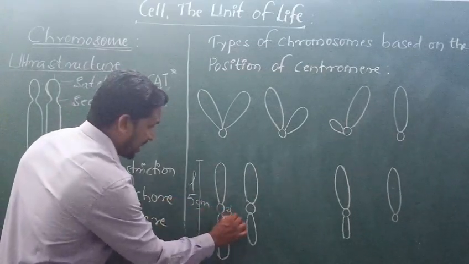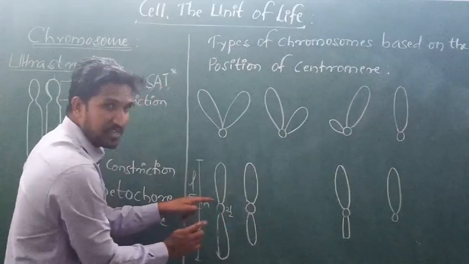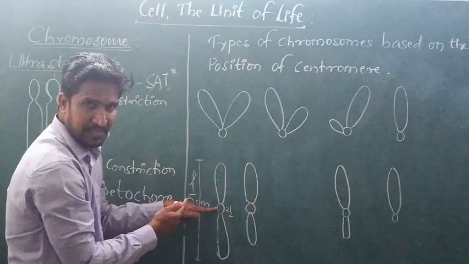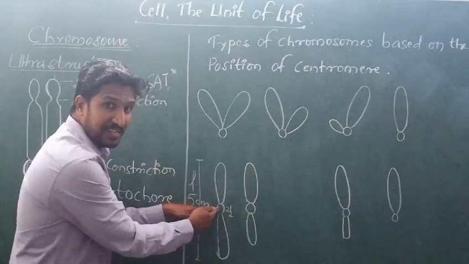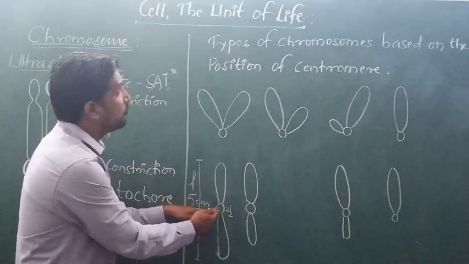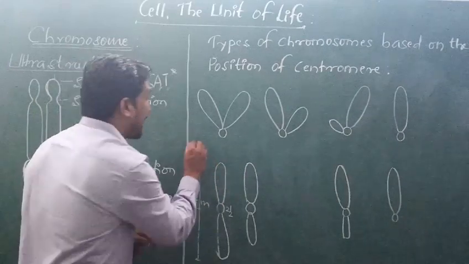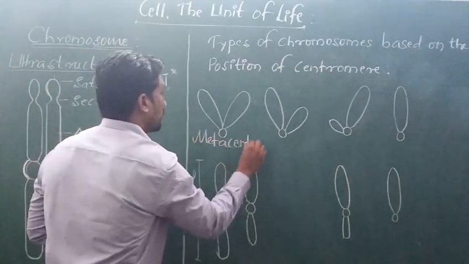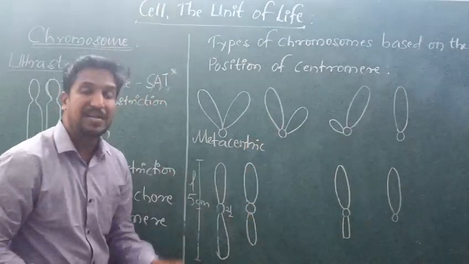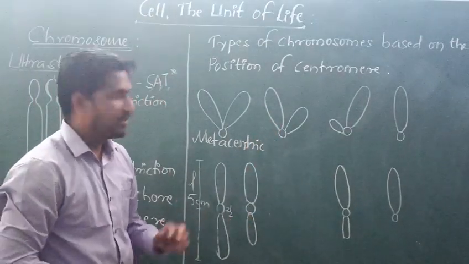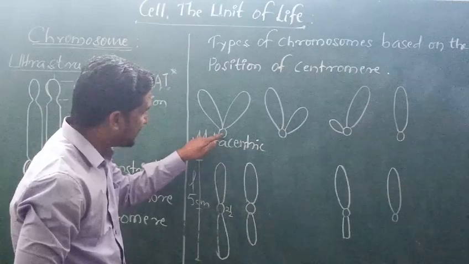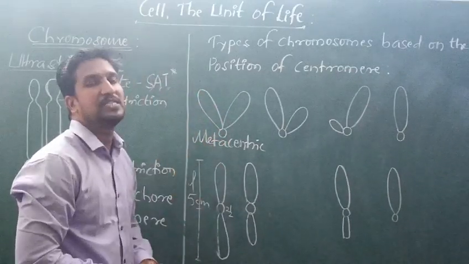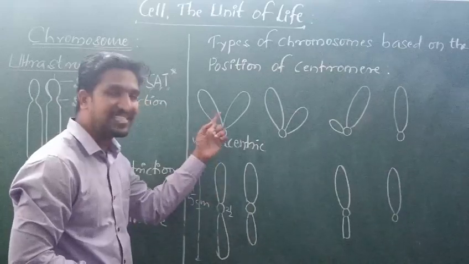Exactly at 2.5 centimeters the centromere is there. It means it is present at the center. So such a type of chromosome is said to be a metacentric chromosome. When the centromere is present at the center of its length, that is called metacentric.